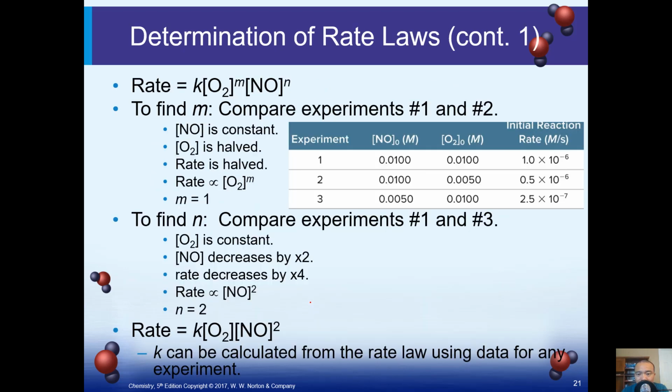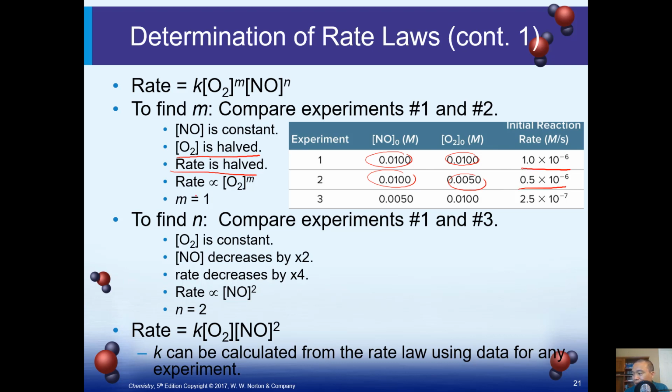To find M, the reaction order with respect to O2, we need to compare experiments 1 and 2, because in those two experiments, the oxygen concentration changes, while the NO concentration does not change. As you can see, when the concentration of oxygen is halved, the rate is also halved.